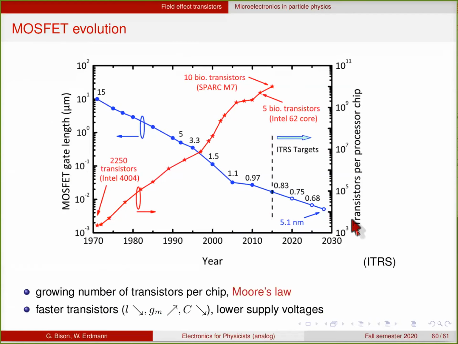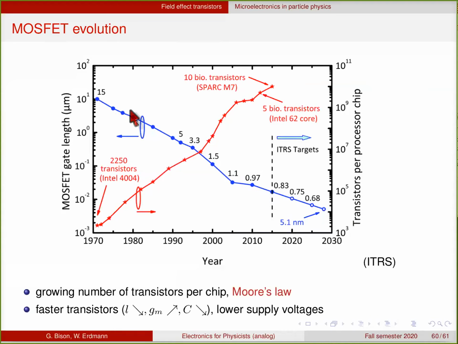So this is the blue curve from several microns down to now the next generation. The smallest transistors are in the nanometer region, a handful of nanometers. But processes that have hundreds of nanometers are also still around and are being used, because not everybody needs these extremely small gates.